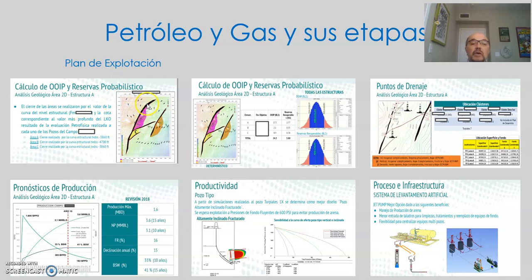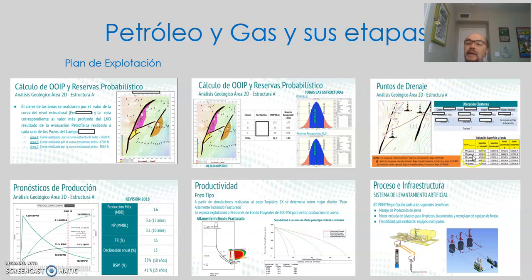Then, because we know from the geologists and the geophysicists how the closure of the traps is, and from what depth there is water, we calculate how much oil we have in the trap. Then we apply some probabilistic analysis, and then we know the probability of having those barrels.